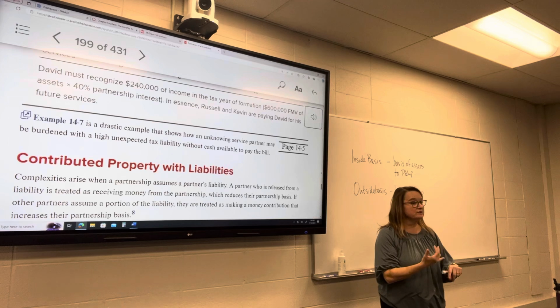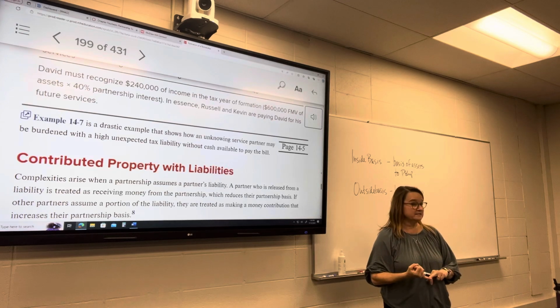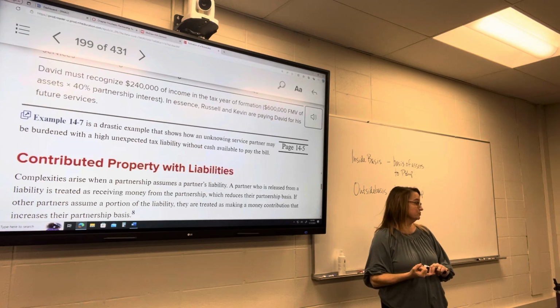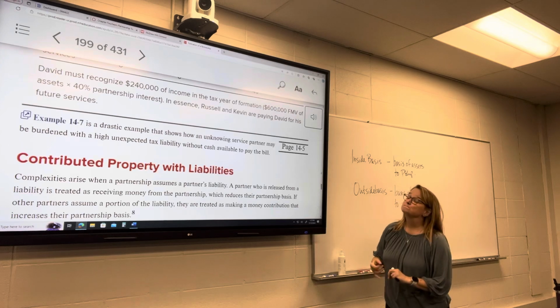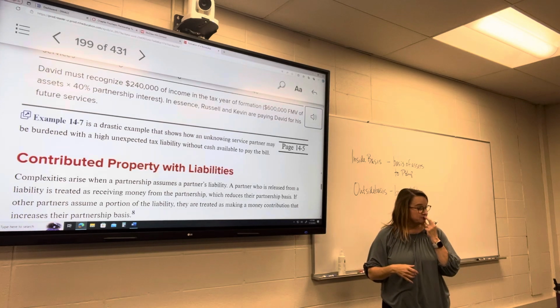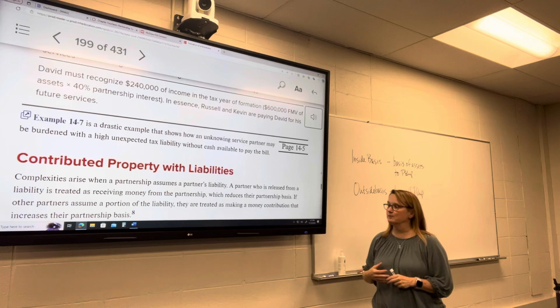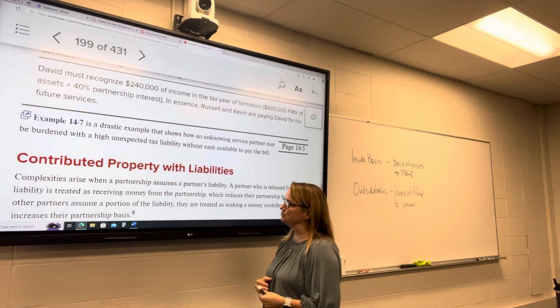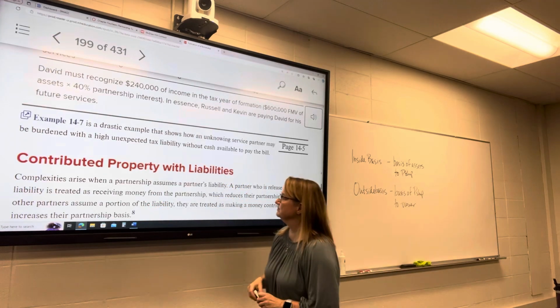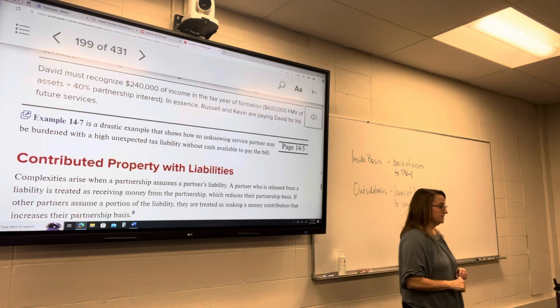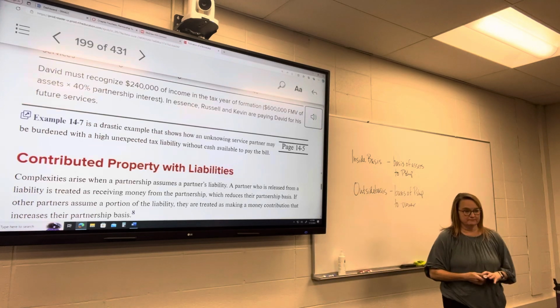So that's one of those areas where you may have to recognize gain on the formation of a partnership. Okay. Another time that you may have to recognize gain on the formation of a partnership is in certain instances where you contribute property with a liability attached to it.